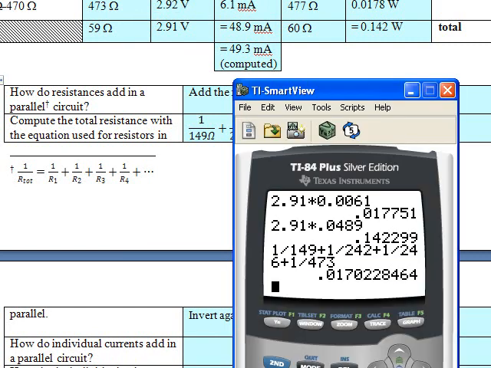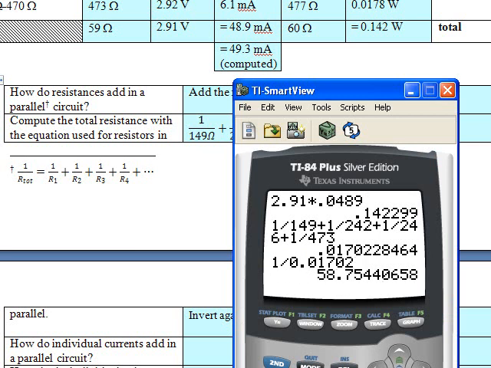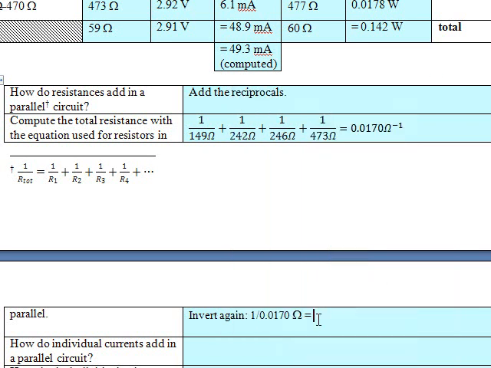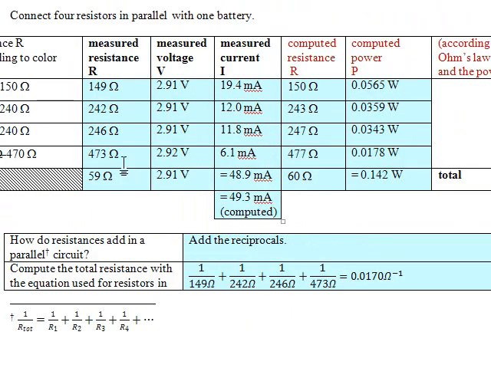So 1 divided by that result is 58.75 or 59 ohms rounded. So 59 ohms, which compares nicely to what was measured, what was calculated over here from these two measurements. So that's how resistances are added in parallel as their reciprocals.